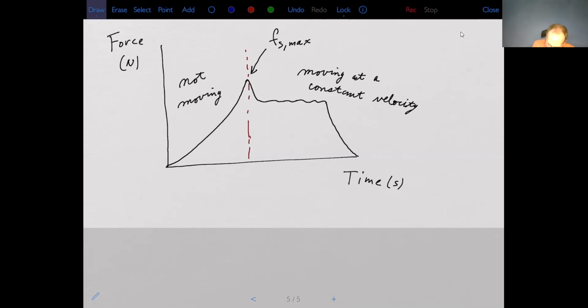And then the average of this plateau, somewhere in here, when I'm pulling at a constant velocity, that's Fk. Because remember, the force I'm pulling with has to be equal to the force of friction resisting the motion, the kinetic frictional force, because there's no acceleration. I'm pulling at constant velocity. So that's Fk. That's how I got those two values, Fs max and Fk.